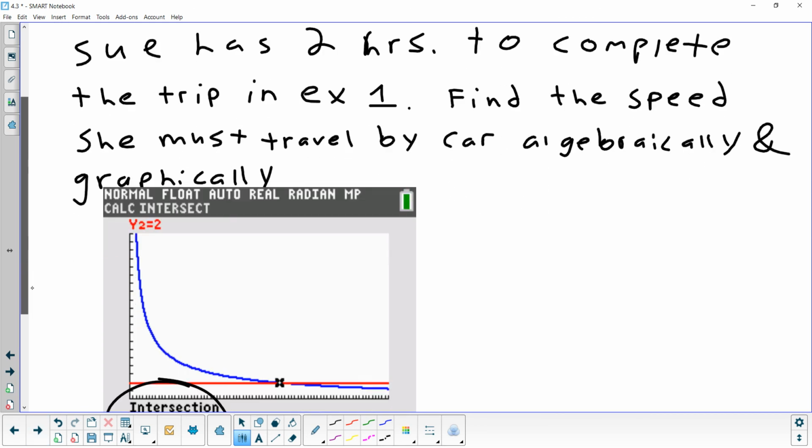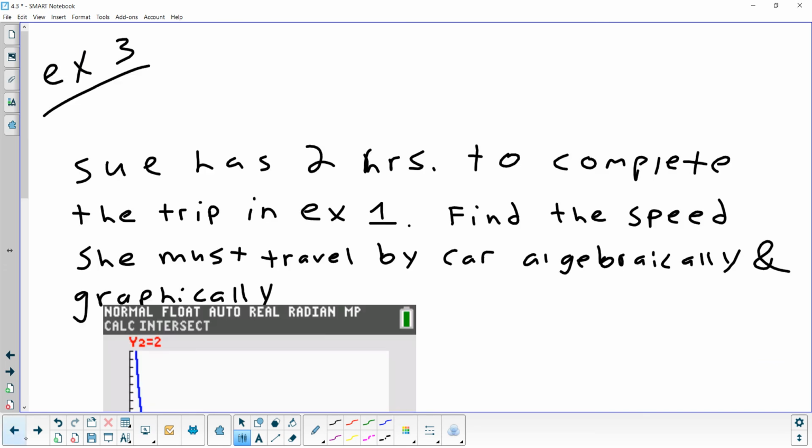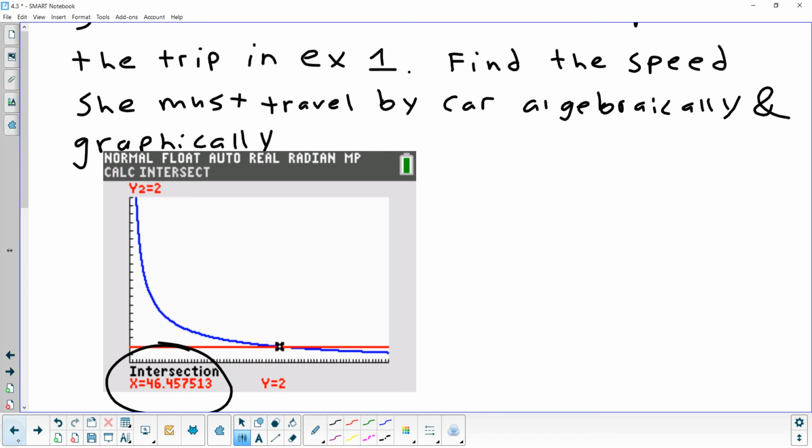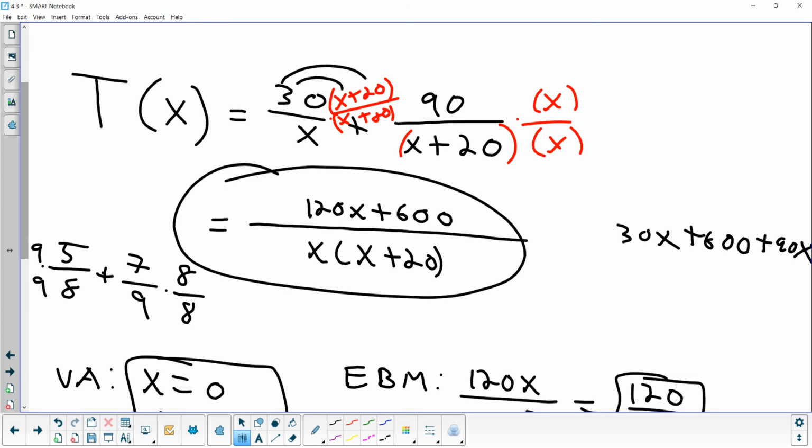Solve algebraically. To solve it algebraically, we're basically going to do the same thing we did graphically. We're going to set this equation equal to 2, and we're going to solve it.